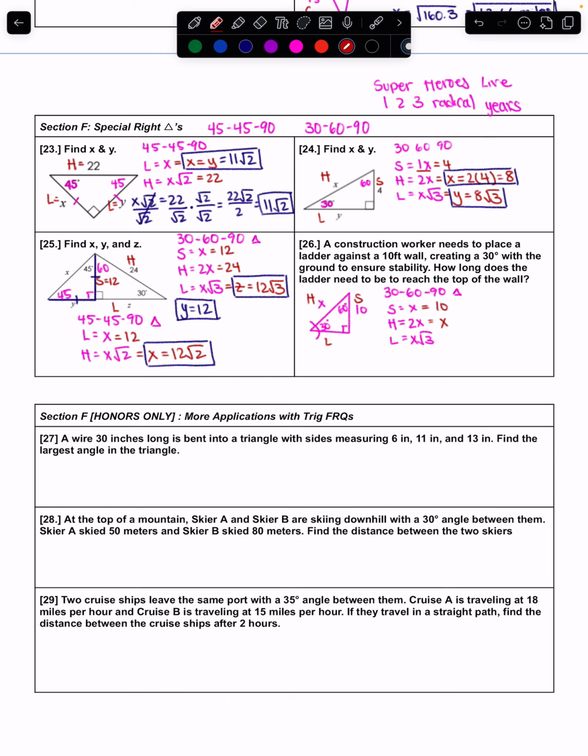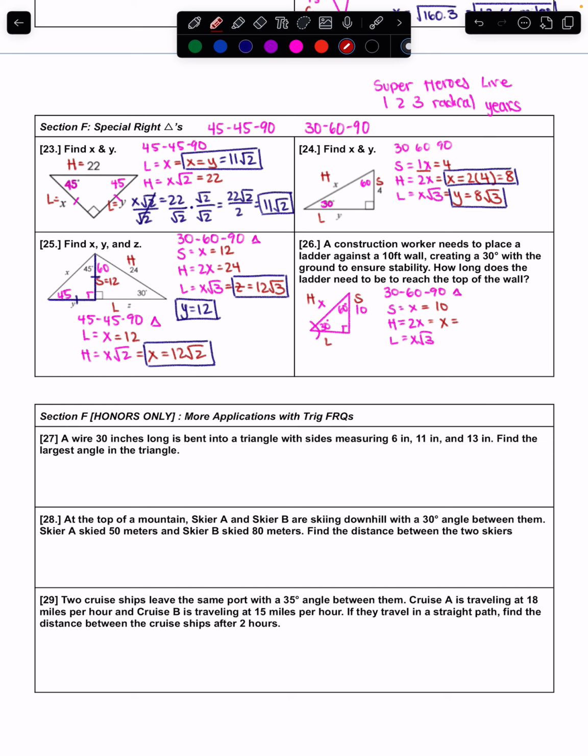And then immediately you should be like, oh wait, this is easy. All I have to do is just get this 10 and multiply it by 2 to get my x value, which is the length of that ladder, okay? And that's the goal of the special right triangles, okay? Shortcut.